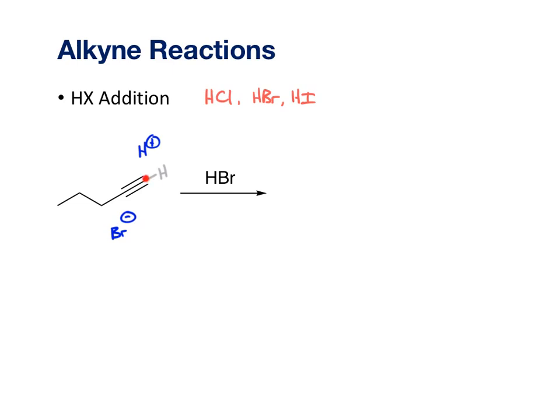So the hydrogen will add here, the bromine will add here. And the mechanism for the alkyne reactions, Br adds, and that comes and grabs the proton. We go from the triple bond to the double bond.